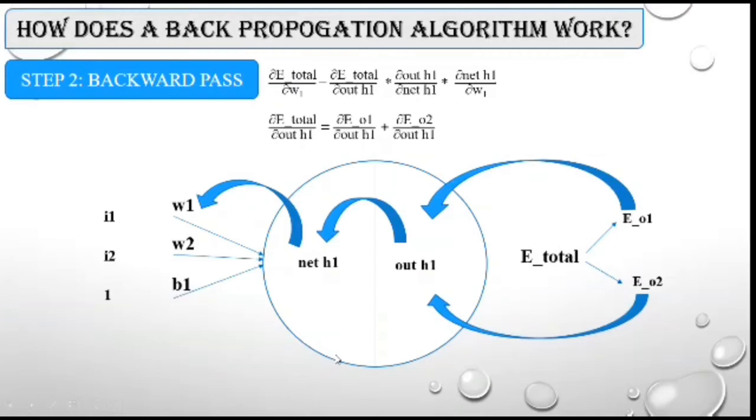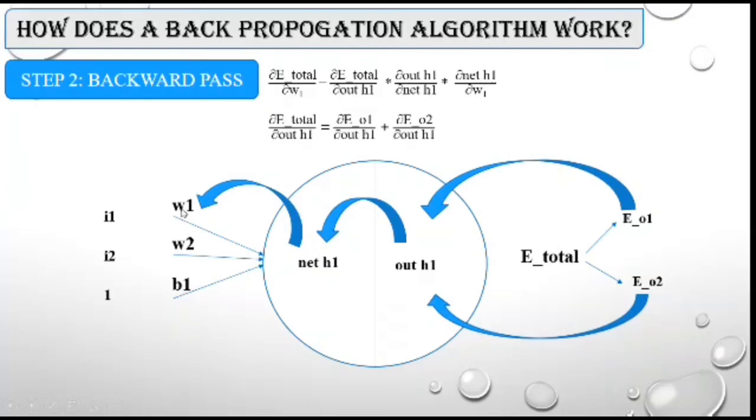If you want to find the partial derivative of E total with respect to W1, we can get it by doing the partial differentiation of E total with respect to out H1, and partial differentiation of out H1 with respect to net H1, and partial differentiation of net H1 with respect to W1.